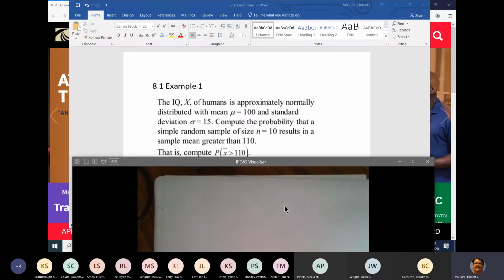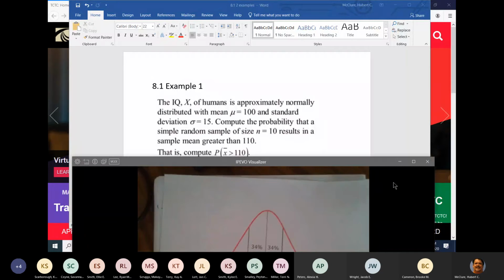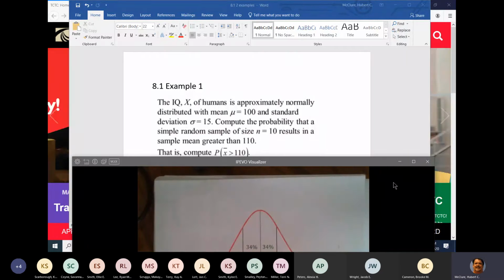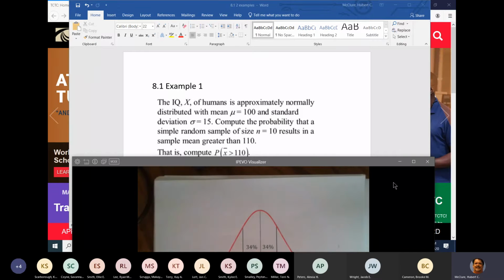I'm not going to draw the curve because I've got my sheets of paper, just like one or two of y'all did. There that is. I told you you weren't going to get away from these curves.